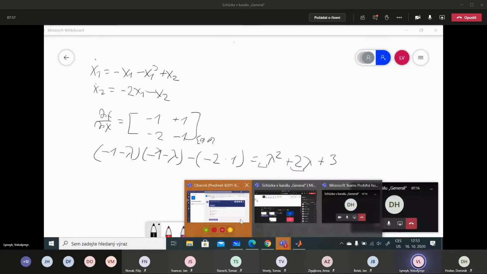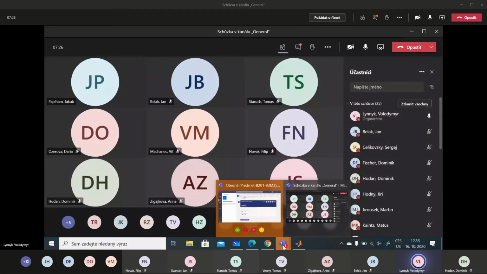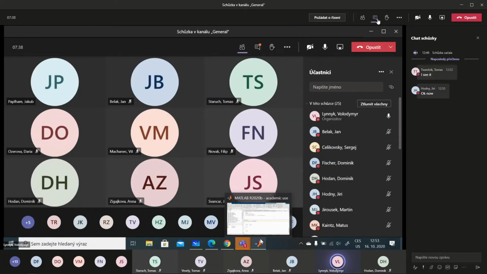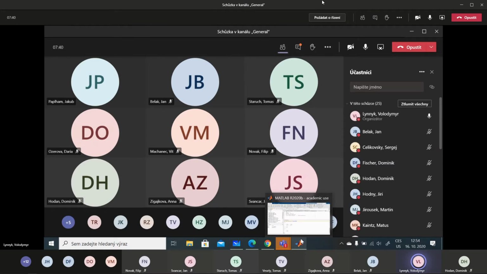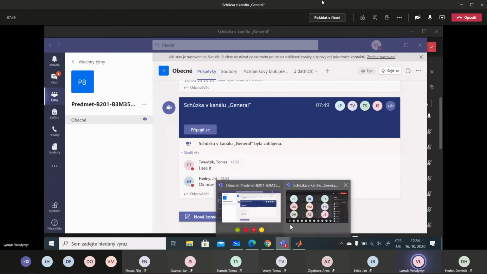And what I need to do, because when I put this equation on the whiteboard, maybe 15 of you see my whiteboard, but some students do not see it.